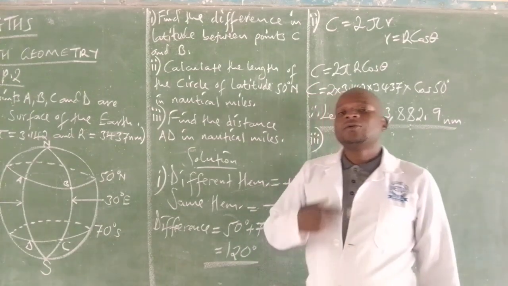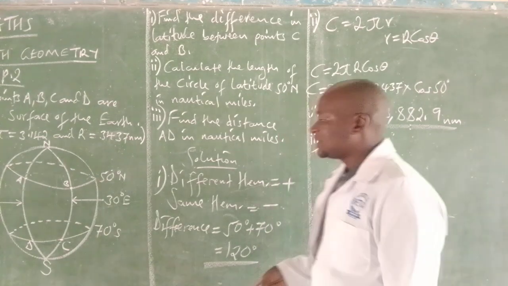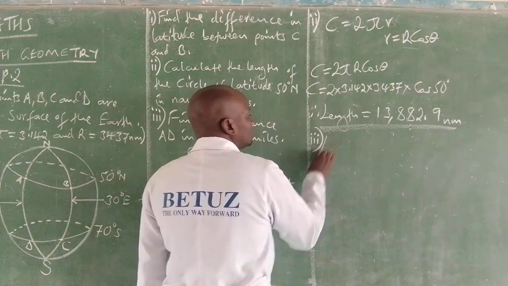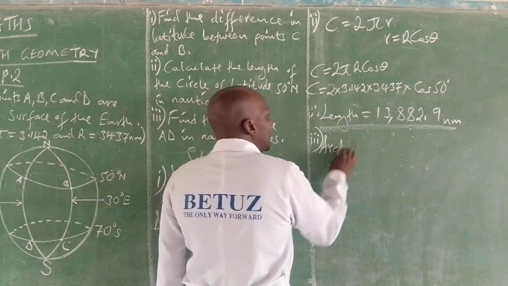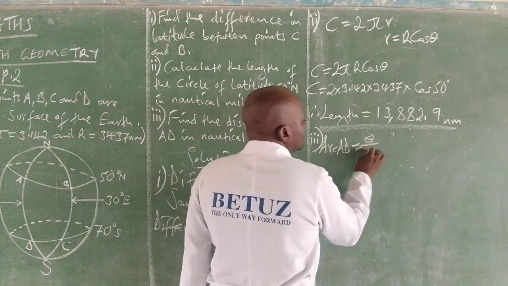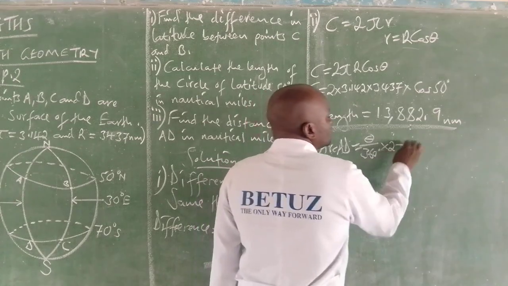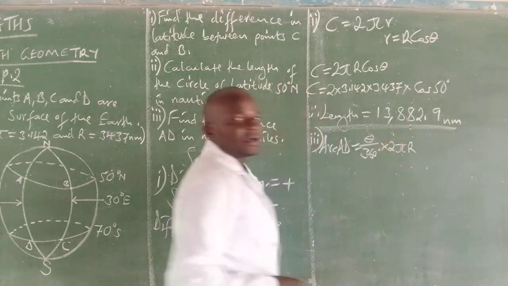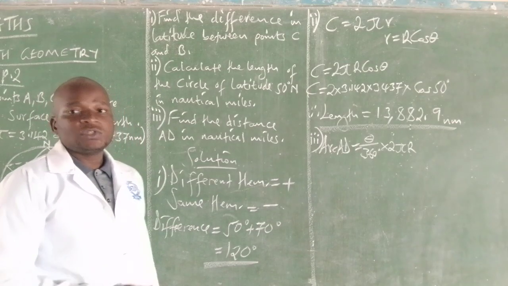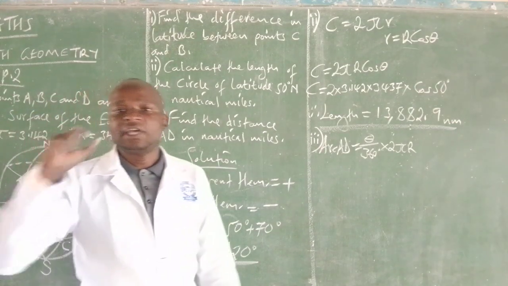The distance along a longitude is found by a formula: arc AD is equal to theta over 360 degrees multiplied by 2 pi R. That is the formula we use to find the distance between 2 points sharing a longitude.